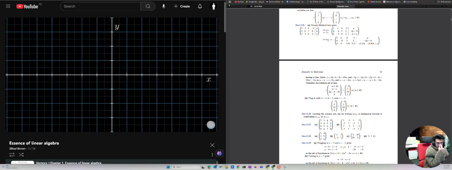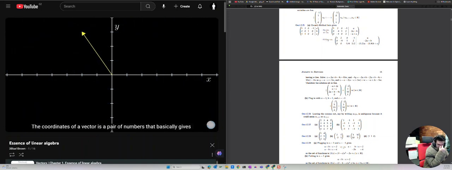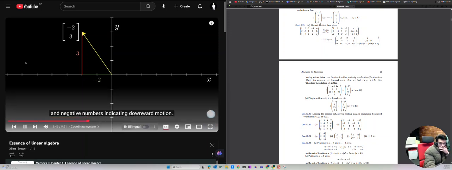The coordinates of a vector is a pair of numbers that basically gives instructions for how to get from the tail of that vector at the origin to its tip. The first number tells you how far to walk along the x-axis, positive numbers indicating rightward motion, negative numbers indicating leftward motion, and the second number tells you how far to walk parallel to the y-axis after that, positive numbers indicating upward motion, and negative numbers indicating downward motion.